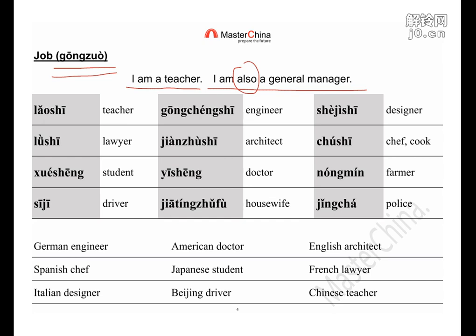老师，工程师，设计师，律师，建筑师，厨师. I think maybe you will laugh why I always say 师, right? Okay, 师 in Chinese means specialists, professional people.